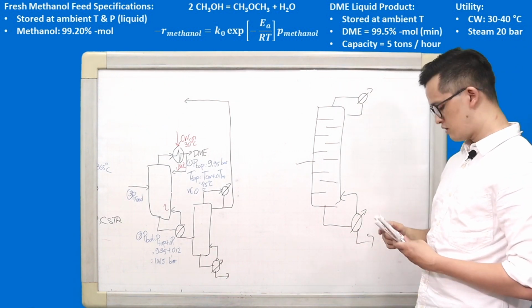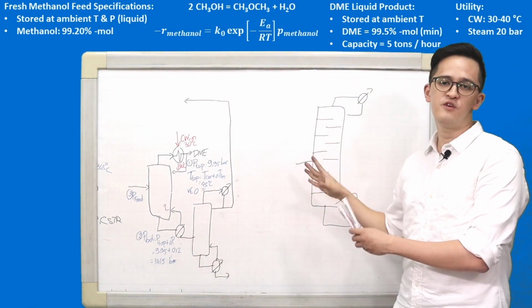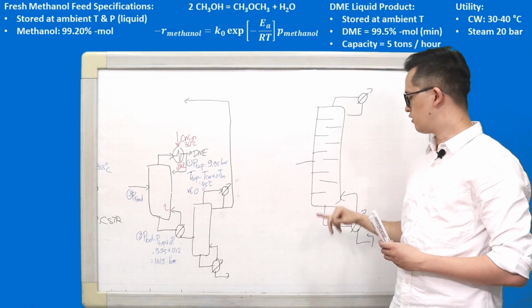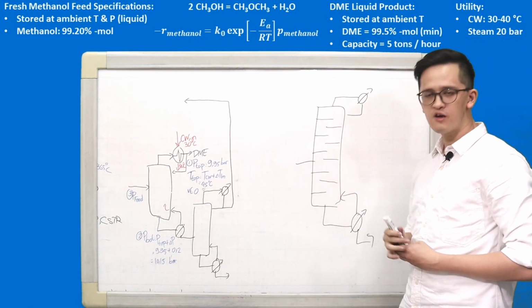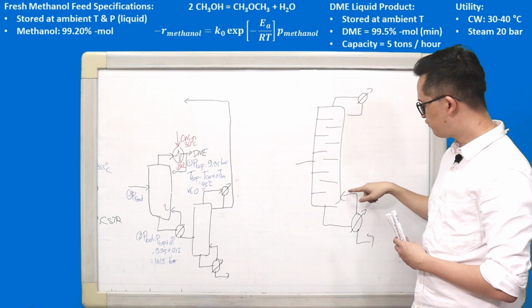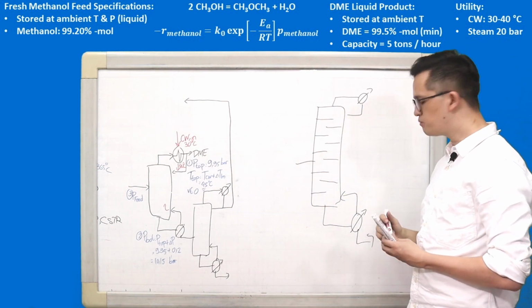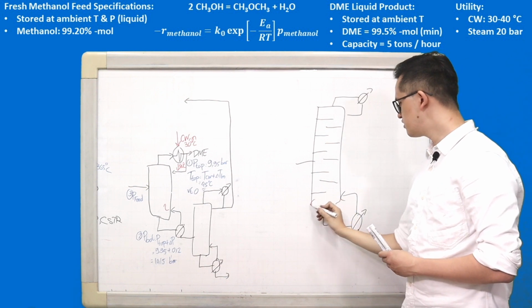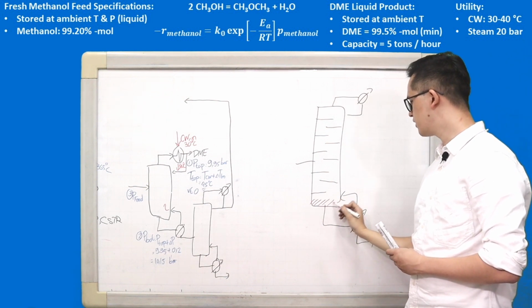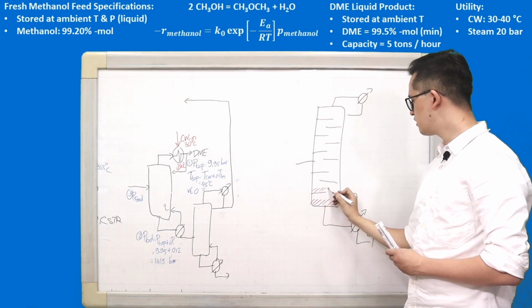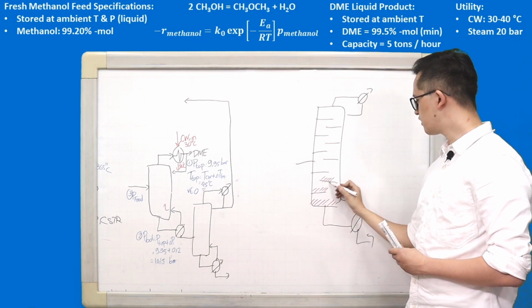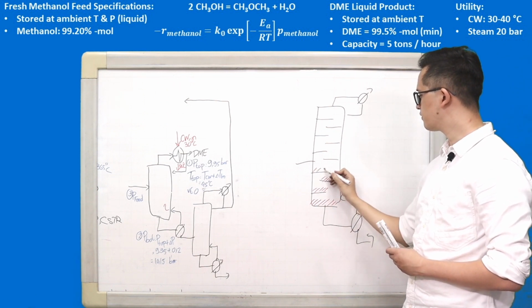Okay, how will the column be filled inside? We have a tray, but you will also have a lot of fluids going on. Vapor goes to the top, liquid goes to the bottom, but it will be filled by a liquid. This is what we know as liquid holdup. At each stage, there will be a certain thickness of liquid holdup.